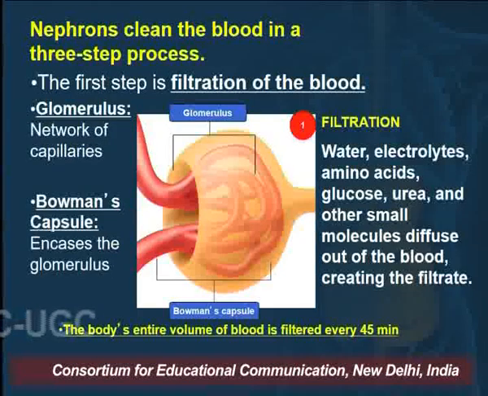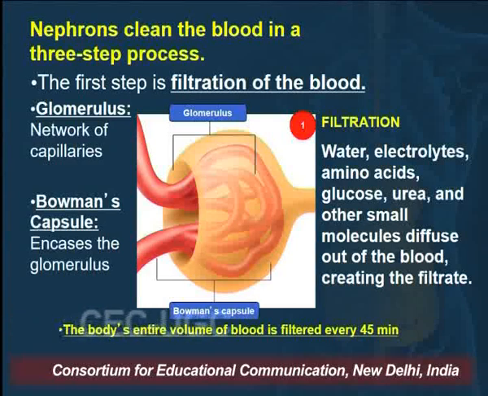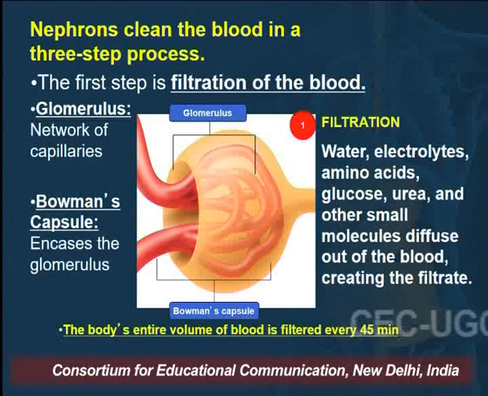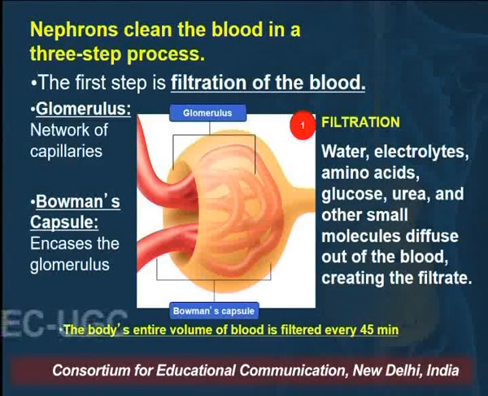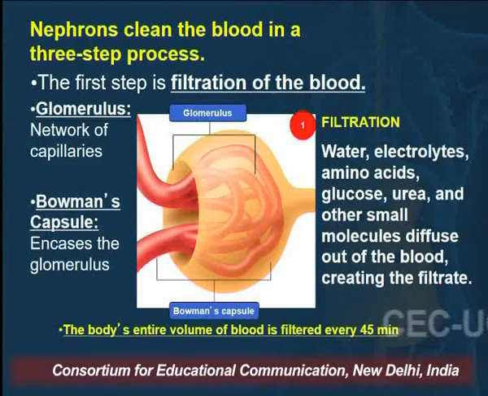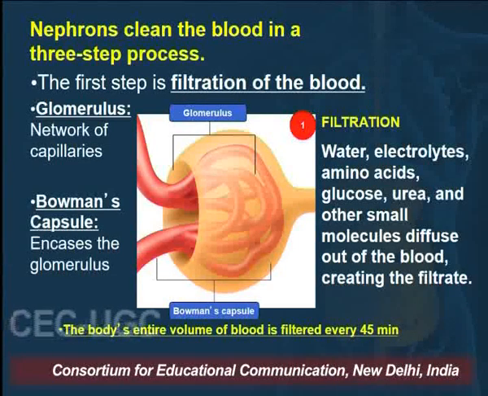Now let's see how nephrons clean the blood in 3 steps, and we'll start one by one. Let's start with the first step, which is the filtration of the blood. It starts from the glomerulus network of capillaries, and Bowman's capsule encloses the glomerulus.